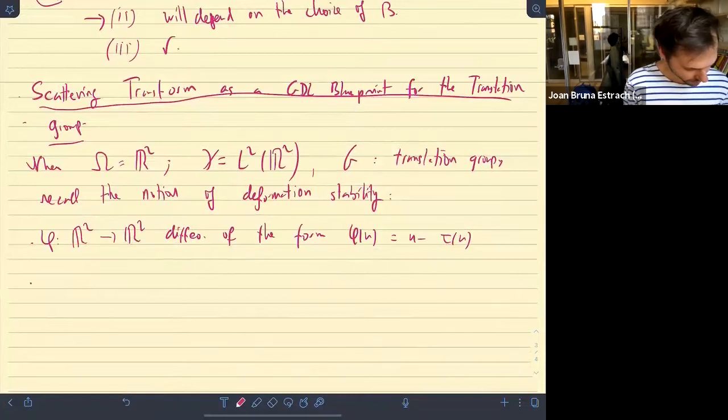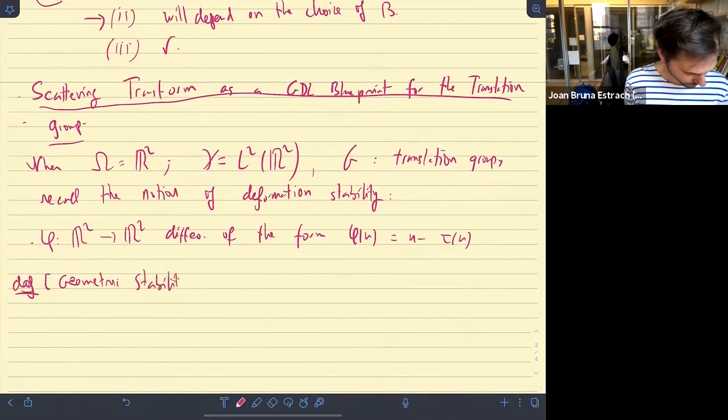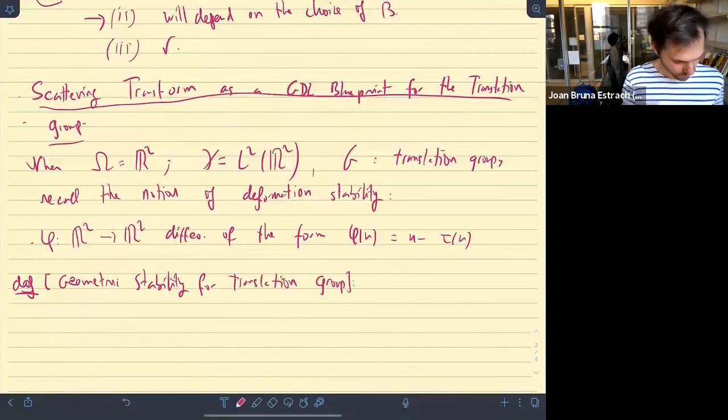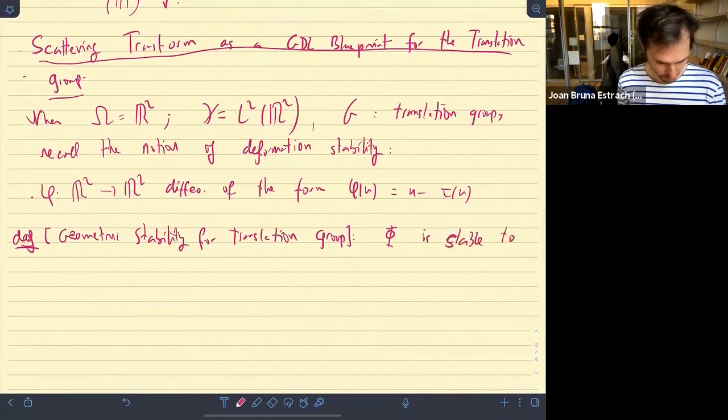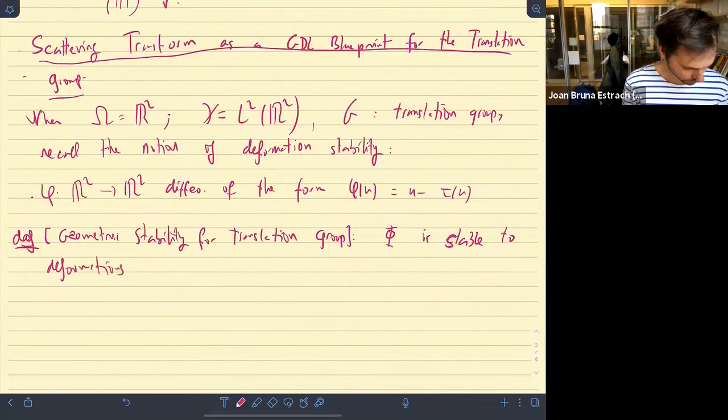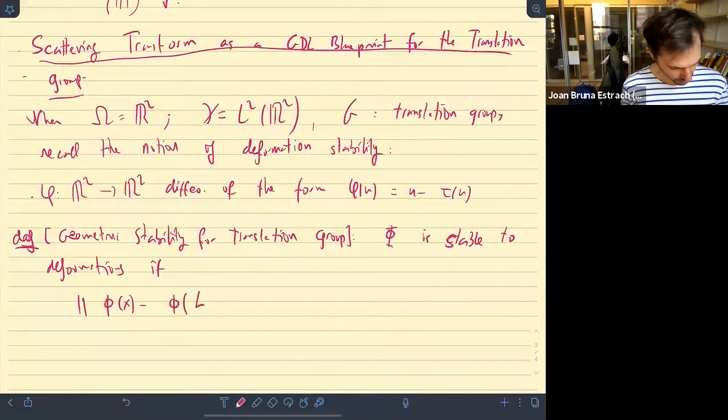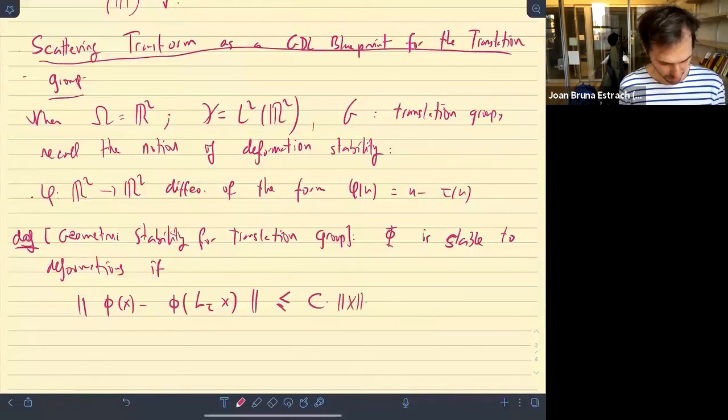And then the deformation stability for the translation group was of the form: phi is stable to deformations if the norm of phi of x minus phi of this transformation that we call delta of x is proportional to some constant that doesn't depend on x nor tau, times the norm of x times a deformation cost.